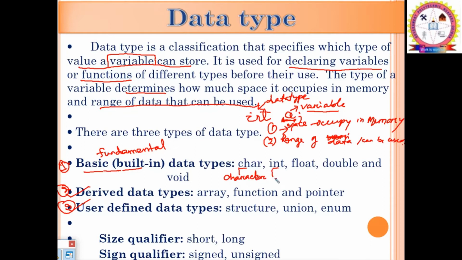Int is integer, and int is the keyword form. You have already studied different keywords. Float means floating point precision. Double is double precision.